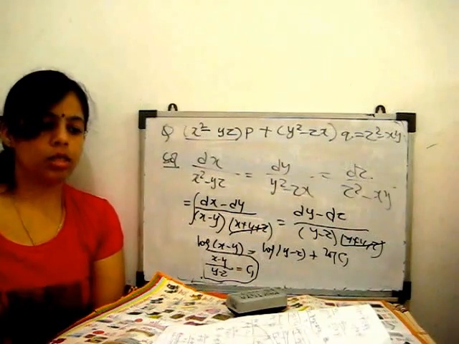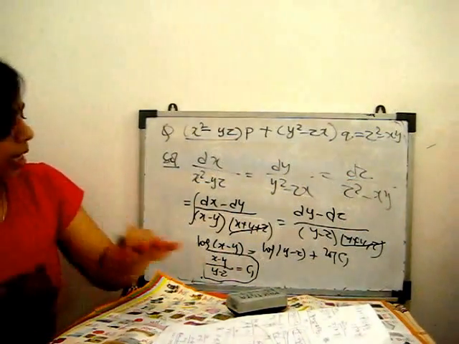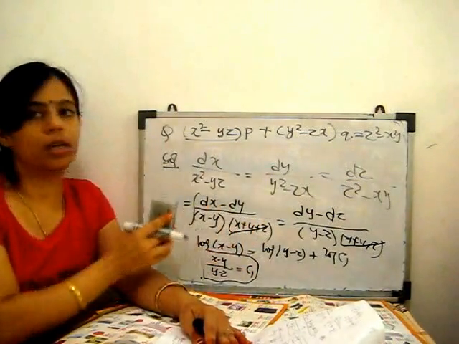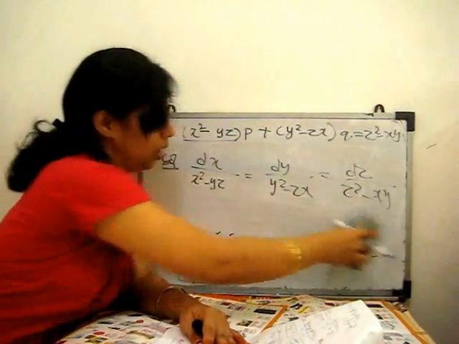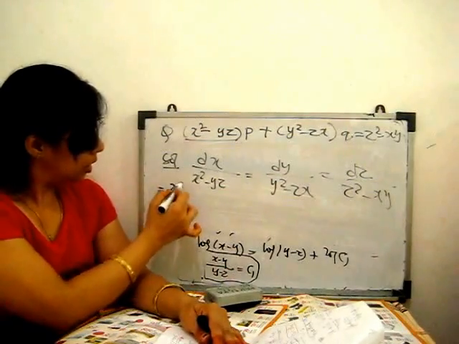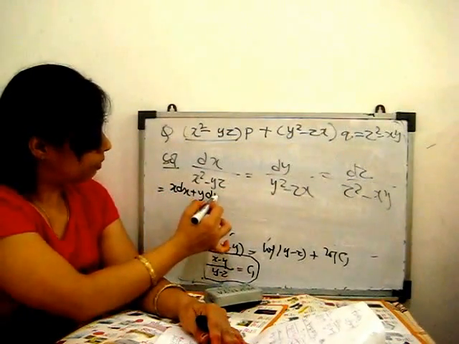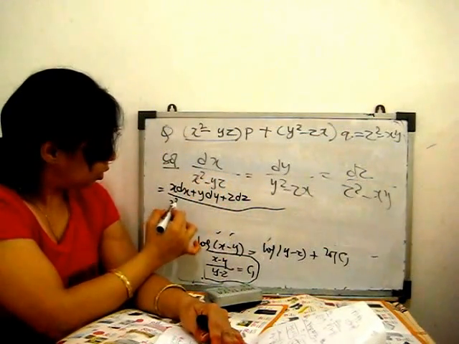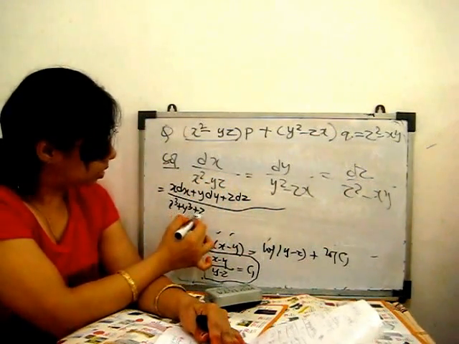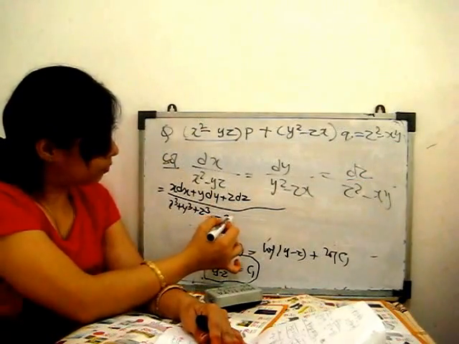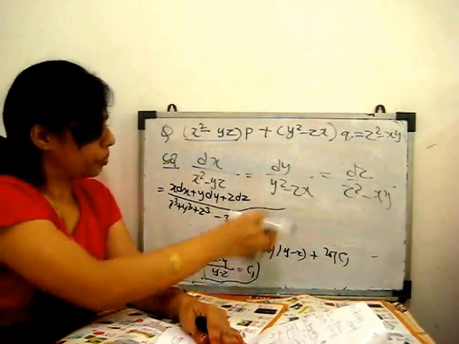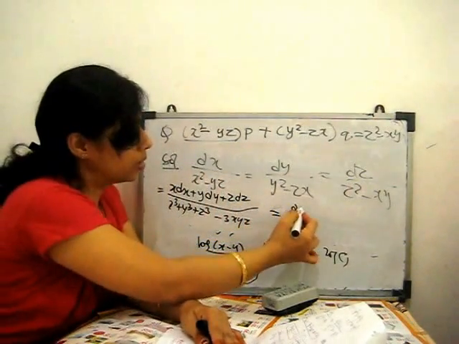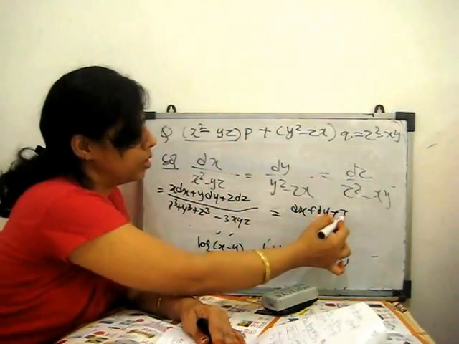For the second constant, we have to go for one new expression of this method of multiplier. See, x dx plus y dy plus z dz. When we put, this is x cube plus y cube plus z cube minus 3xyz. Next expression is dx plus dy plus dz.